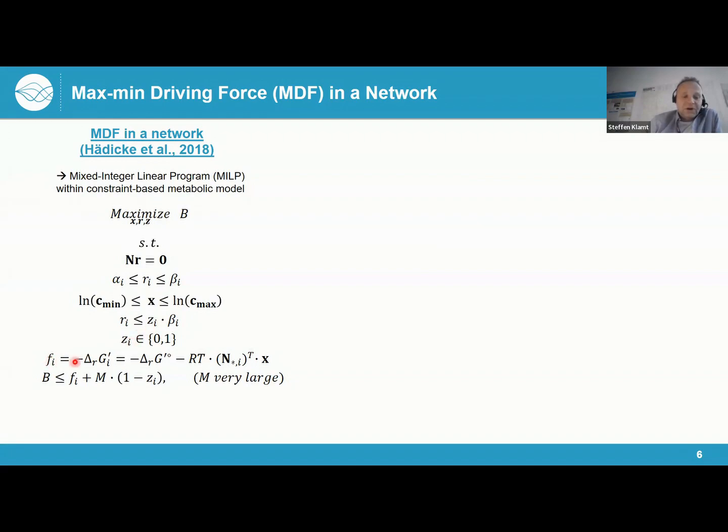And so here are the driving forces, which can be computed from these variables. And B is then the minimum of all driving forces of the active reactions. So this expression here ensures that we include only the driving forces of the active reactions, and this is maximized.